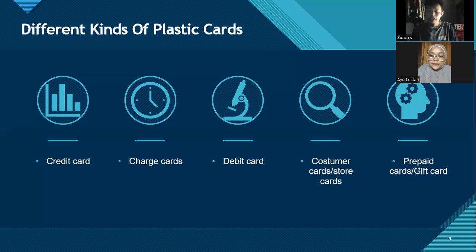So next, let's talk about debit cards, customer cards or store cards, and prepaid cards or gift cards. So let's talk about debit cards. What is a debit card? A debit card is a payment card that deducts funds directly from a customer's bank deposit account to either electronically pay for goods and services or withdraw from an ATM. Debit cards are also known as bank cards or check cards.